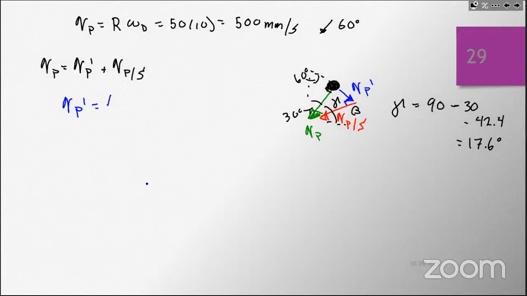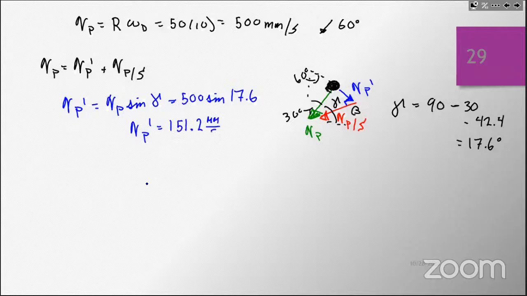VP prime is just VP times the sine of gamma, which is 500 sine 17.6, which is 151.2 millimeters per second, at an angle of 42.4 degrees, down at beta.